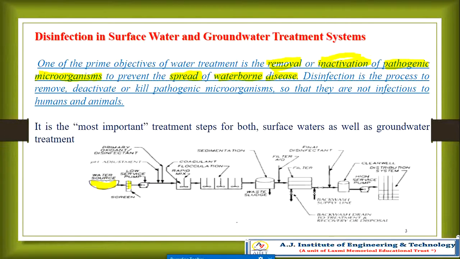After screening, by pumping, we send it to the sedimentation tank, as well as flocculation, sedimentation and coagulation tanks. This is sedimentation, after your flocculation.